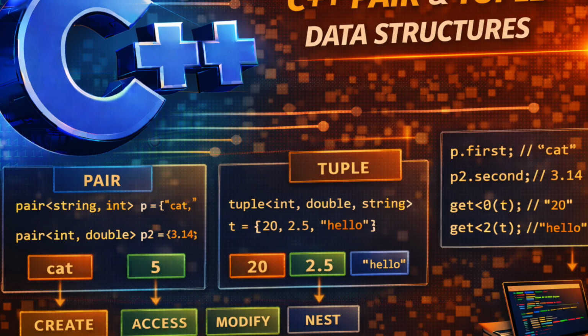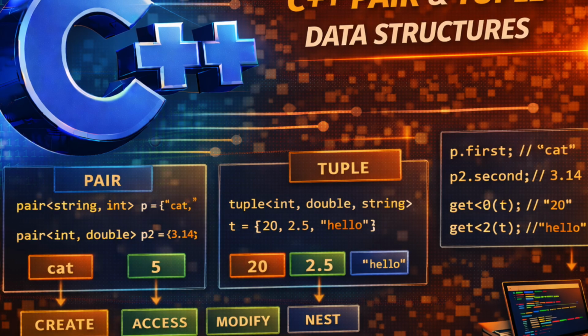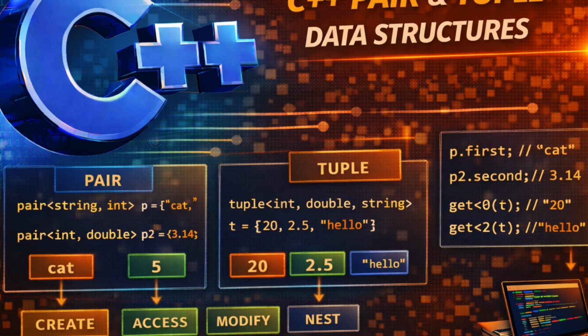It's like the two-seater convertible in the tuple family. That structural insight helps us transition perfectly. So we get the pair, its brilliance is its rigidity, it solves the two-element problem perfectly. But what happens when our problem demands 3 or 4 or even 10 related values? That's where the generalist steps in. The tuple. Absolutely. If the pair is built for just two, the tuple is there for, well, everything else.